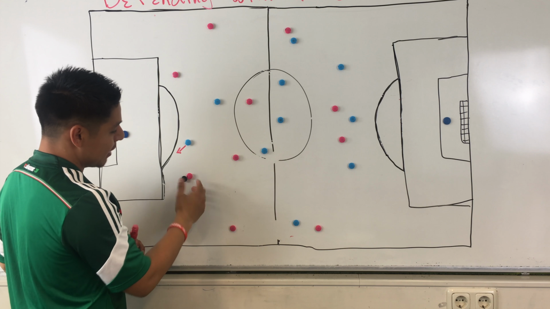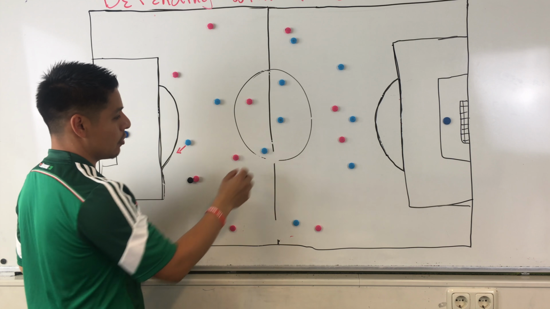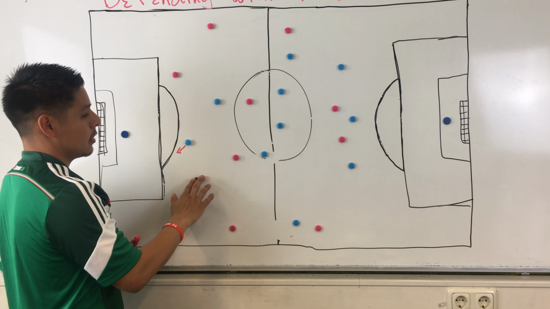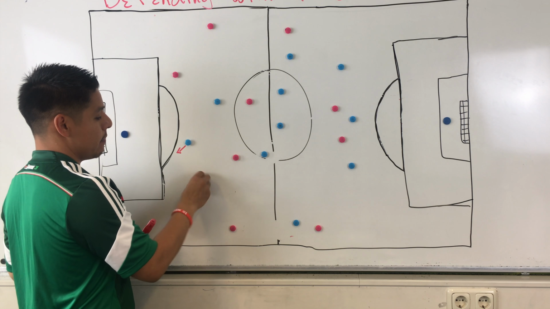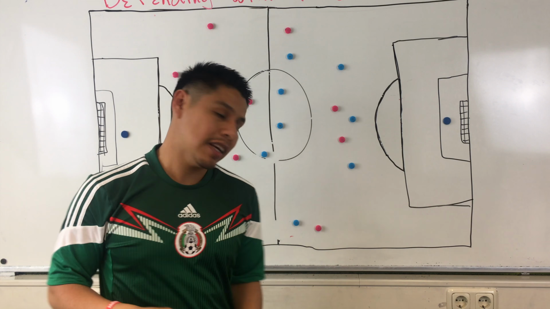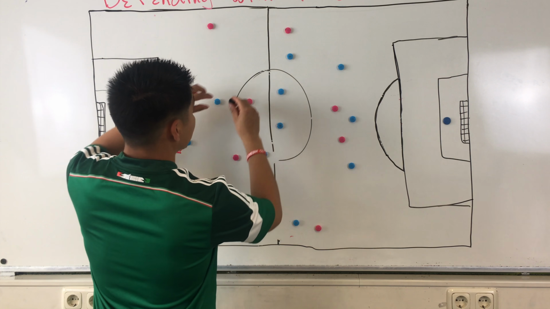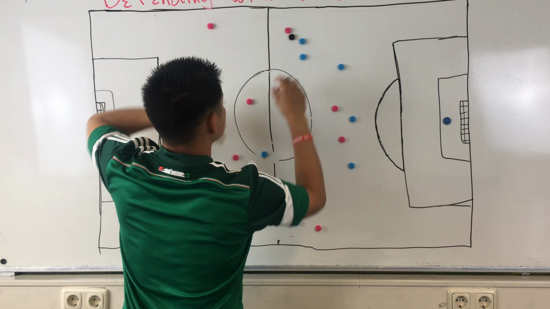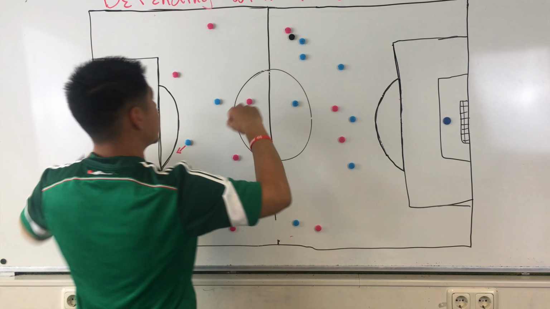But as the game is on the right side, these players are already shifting to the inside. So now this player hitting a ball to that space is going to be very difficult. And even if it does happen, we should have enough time to recover to create a 2 versus 1 situation.